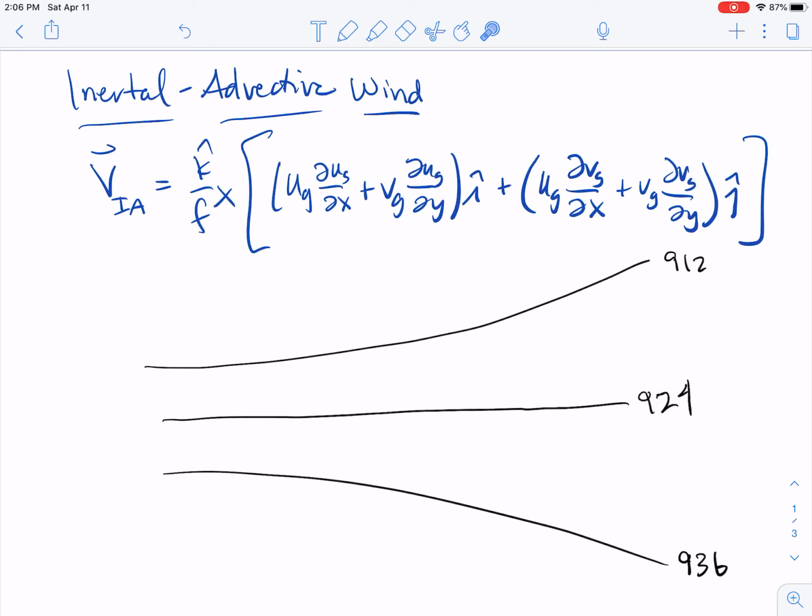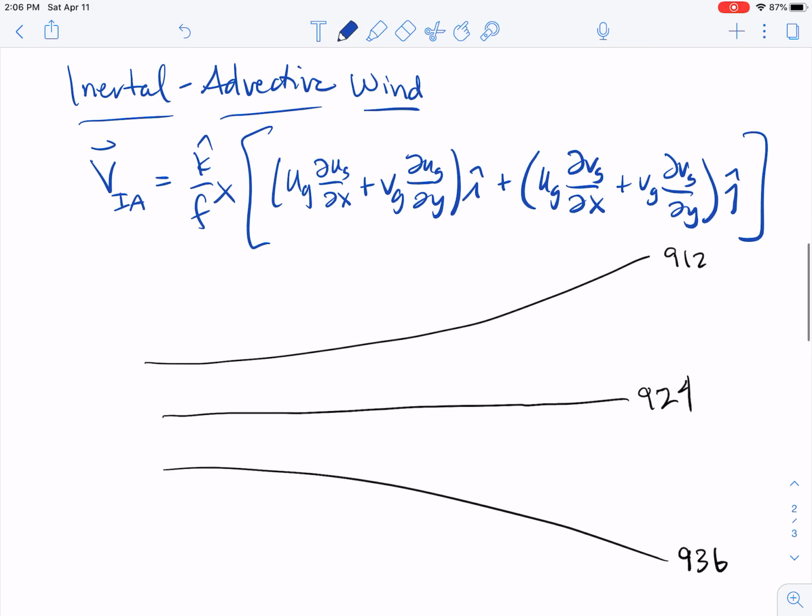And so we can pare down our full equation to look at just a subset. We're going to look at our inertial advective component, V_IA, as equal to K hat cross, or over f, cross u_g du_g/dx.